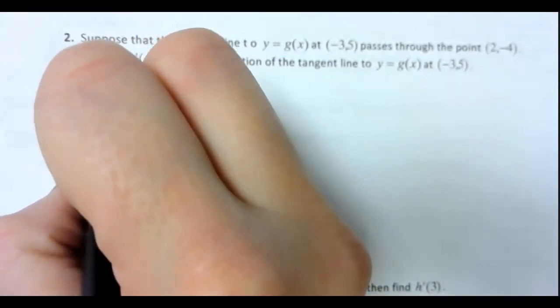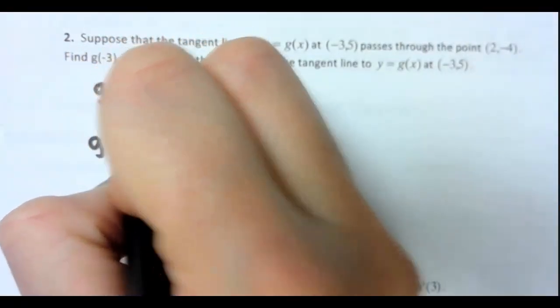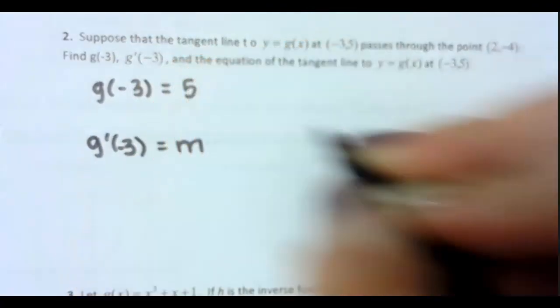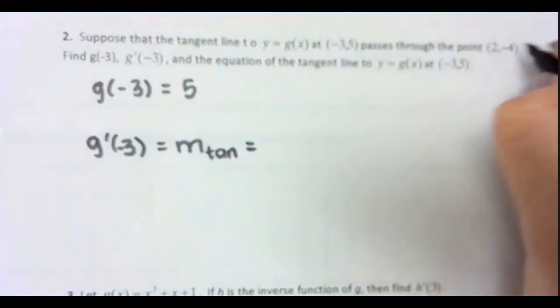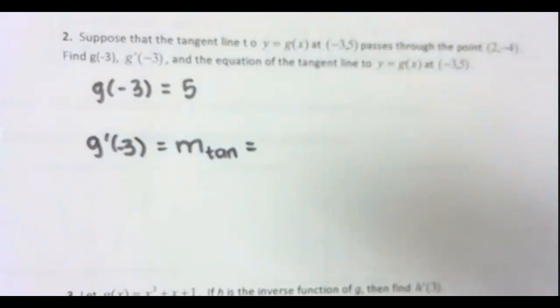We are told that the tangent line also passes through a second point. So we're told that the tangent line passes through -3, 5 as well as 2, -4. So if a line passes through 2 points, I can use those 2 points to find slope. So g prime of -3 is the slope of the tangent that passes through the 2 points, 2, -4 and -3, 5.